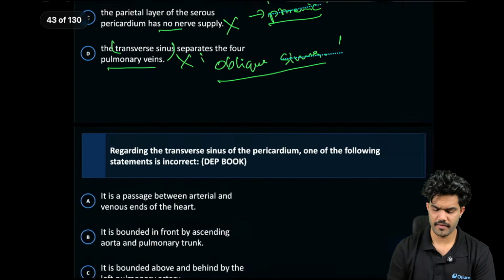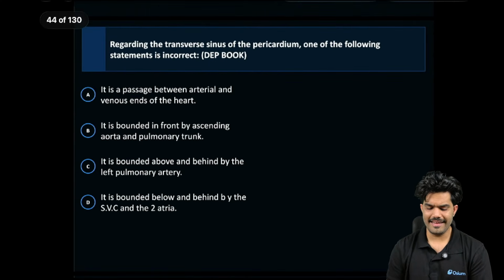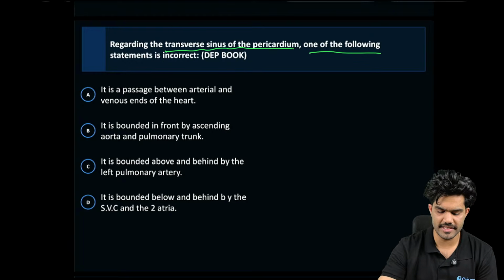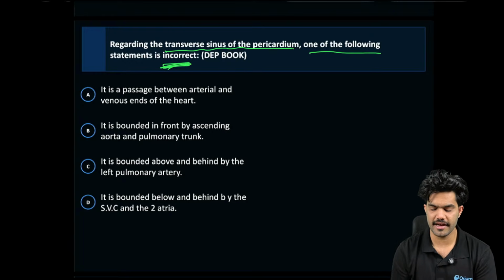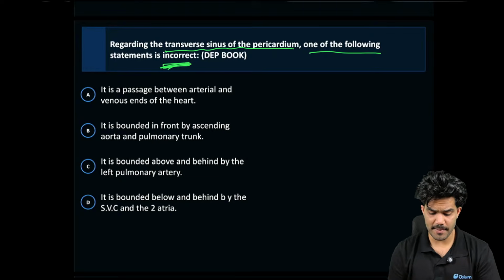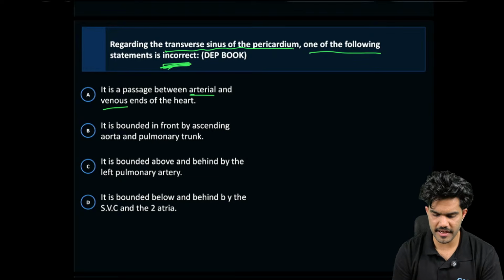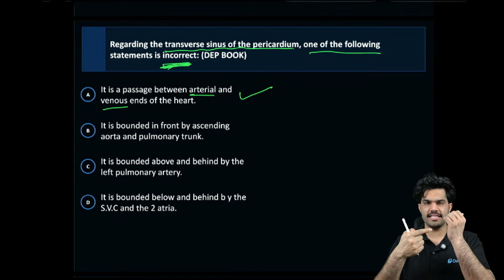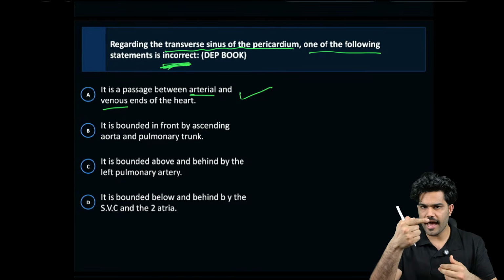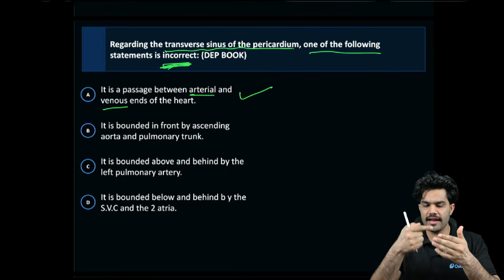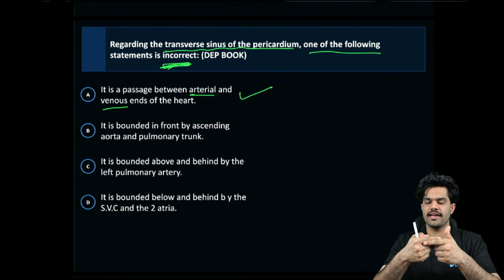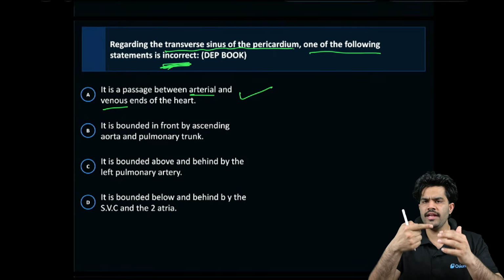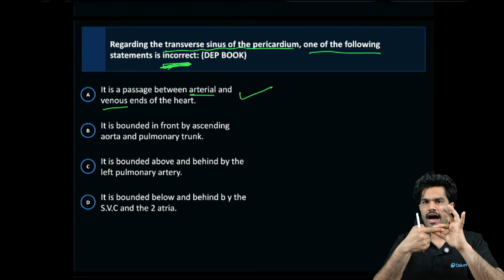Okay. Now, regarding the transverse sinus of the pericardium, which one of the following statements is incorrect? See, incorrect. Focus. It is a passage between arterial and venous end. Yes, transverse sinus. How do we know it is the transverse sinus? We insert an index finger in between pulmonary trunk and aortic end.